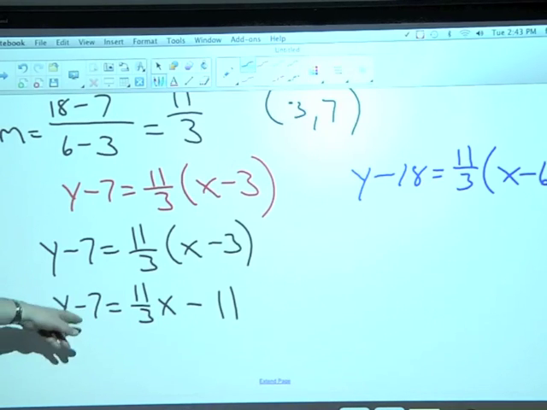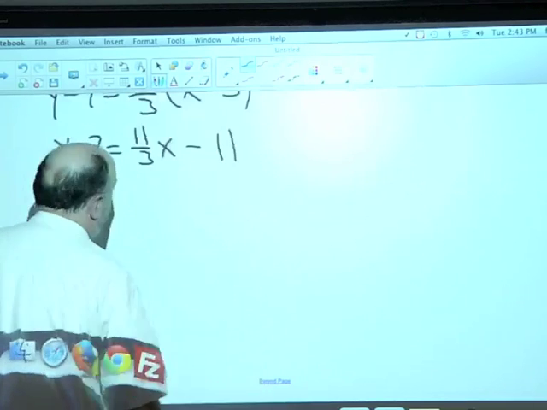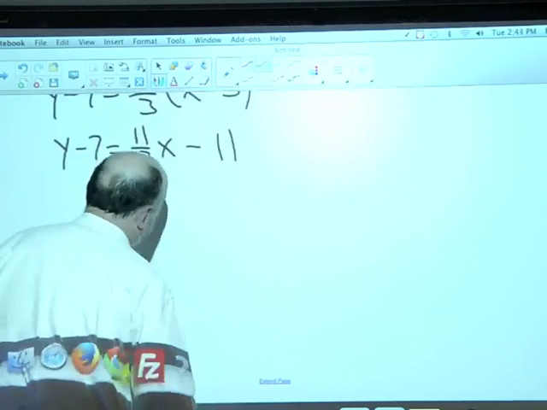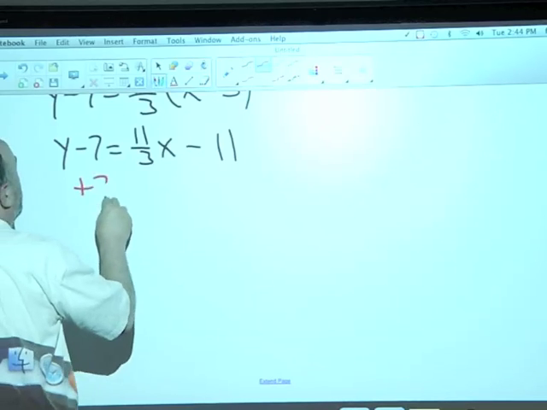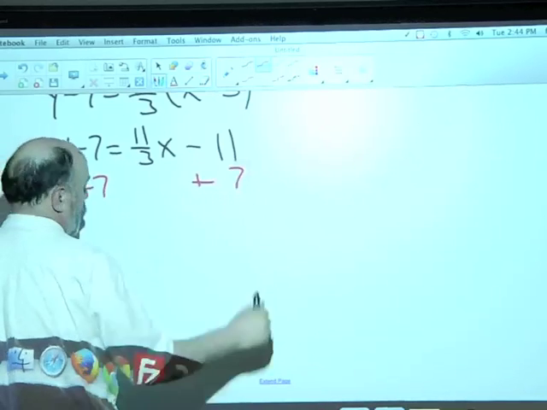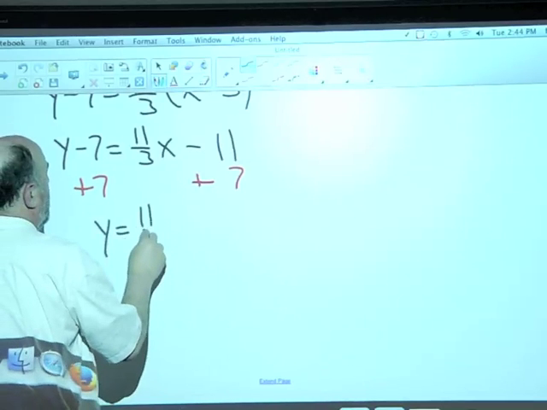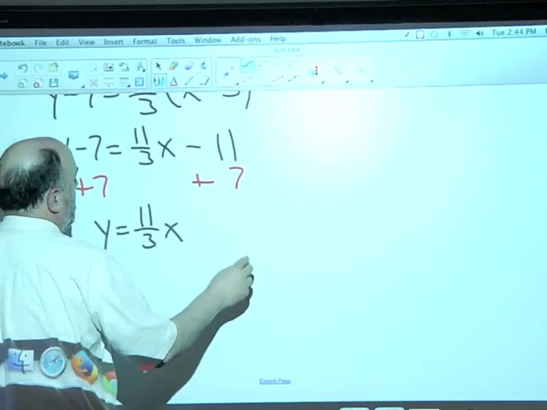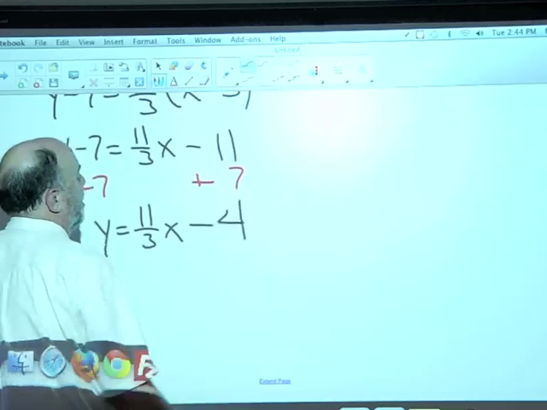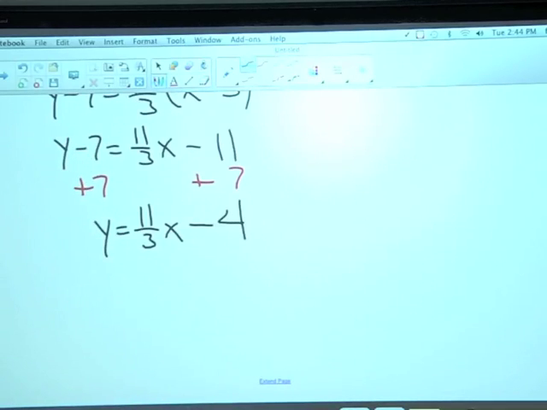So the last step is to just take the 7 over to the other side. And for that, we just add. And we get y equals 11/3 x minus 4, and that is my equation in the other form. Okay?